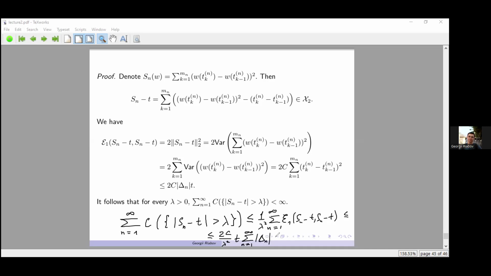And we had an assumption that this sum is finite. So the sum of capacities of these sets is also finite.